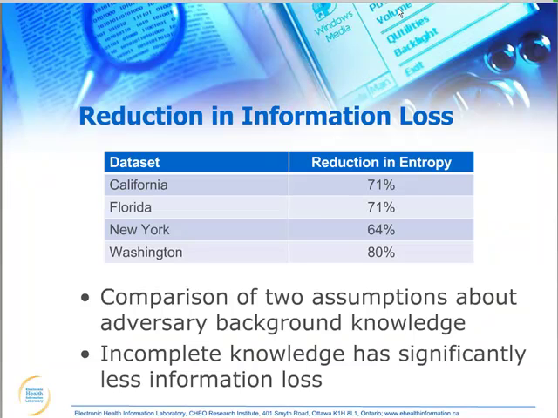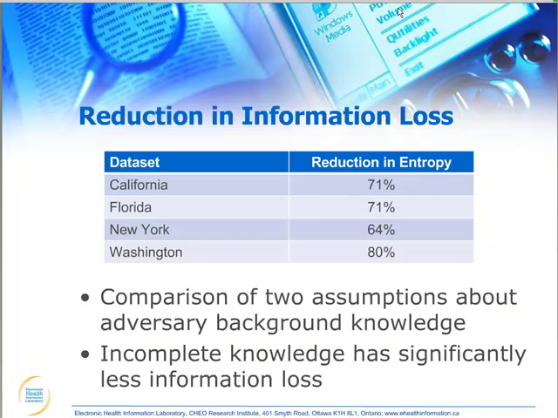The assumption we ended up using for practical reasons, because it's very realistic, still assumes an adversary with a lot of information, but who doesn't know absolutely everything, including all the attributes for every single visit. We call this the incomplete knowledge assumption, which is the assumption that we'll use for our examples.